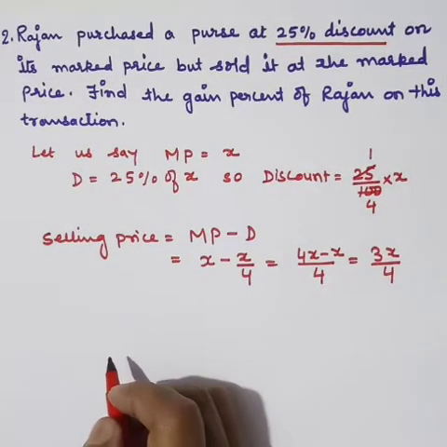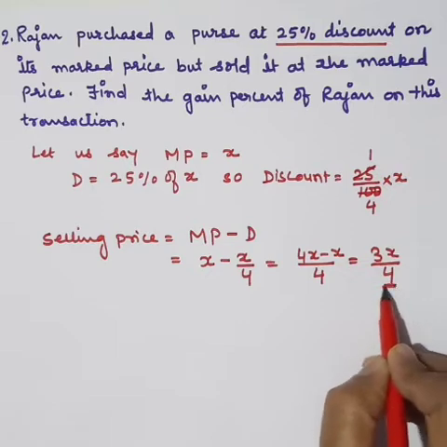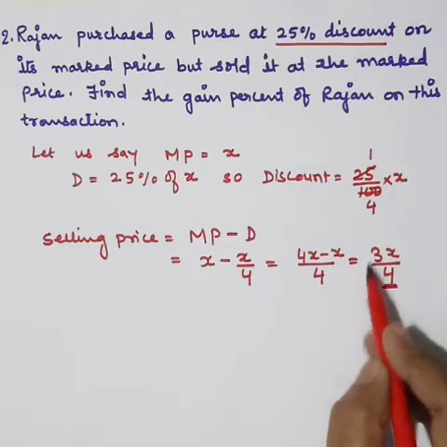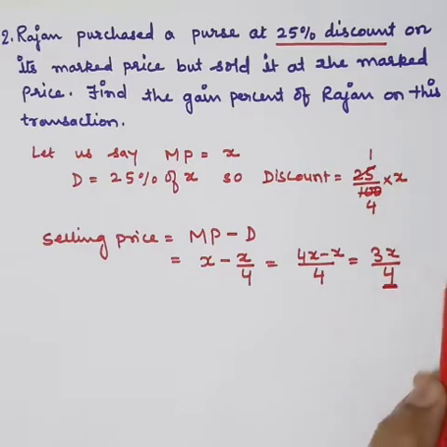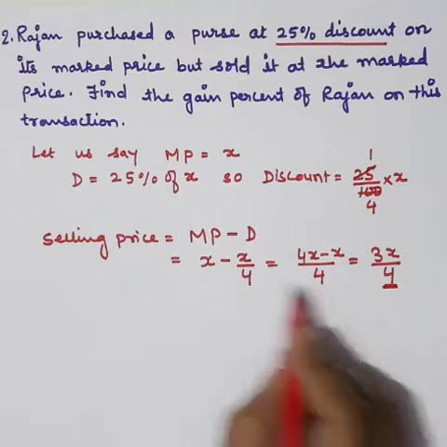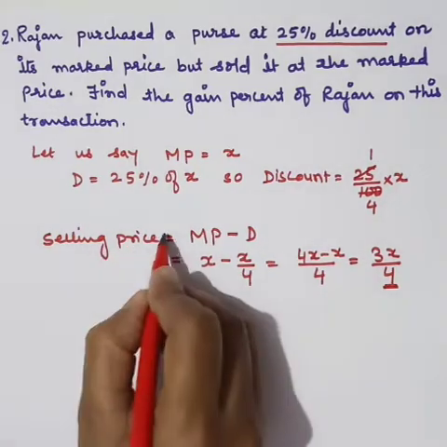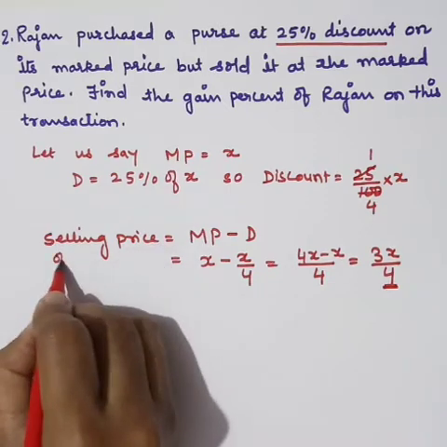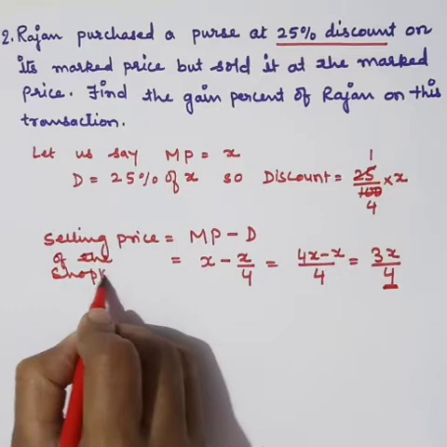Now see children, here the price at which Rajan purchased is 3x by 4 because he purchased that purse at 25% discount on marked price. So this is the selling price of the shopkeeper, isn't it?